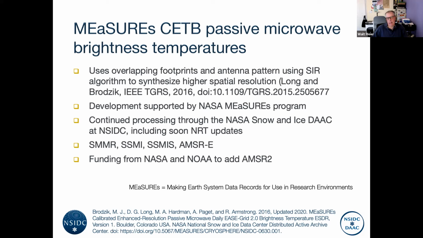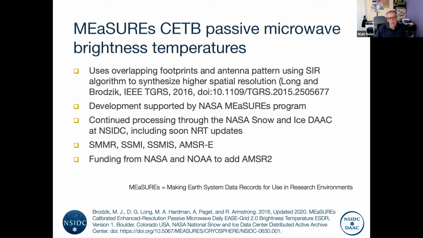This was led by David Long at Brigham Young University and Mary Jo Brodzik at NSIDC. The idea is that it uses overlapping footprints and the antenna pattern to synthesize a higher spatial resolution. It's using the SIR algorithm, which I think stands for scatterometer image reconstruction, if I remember correctly.